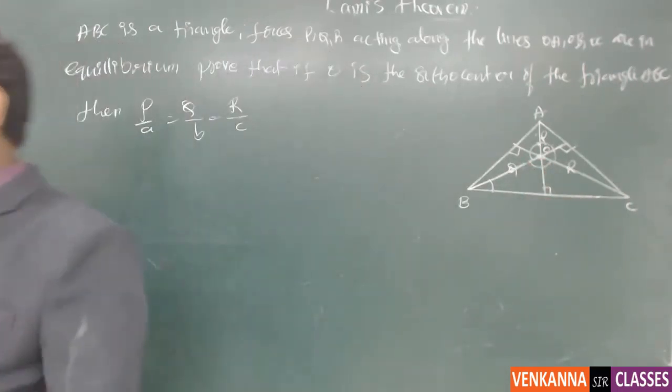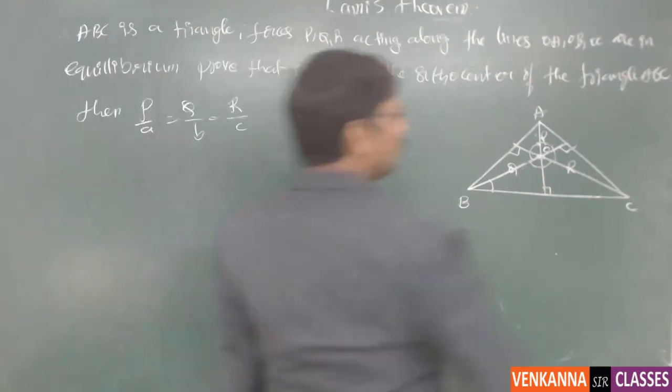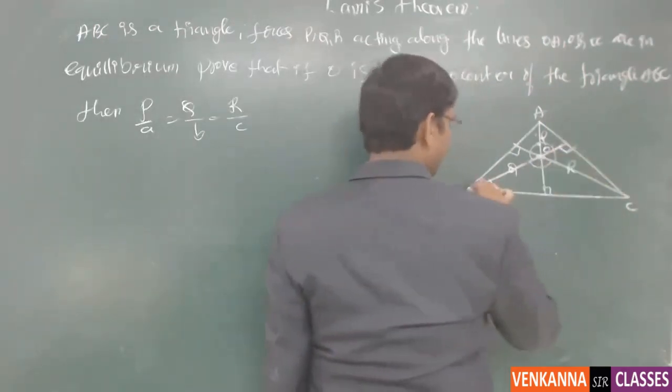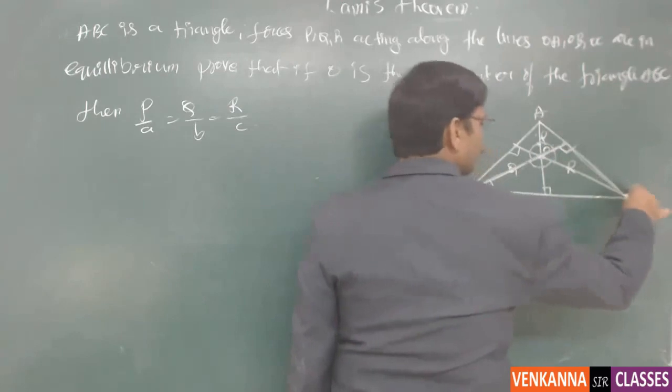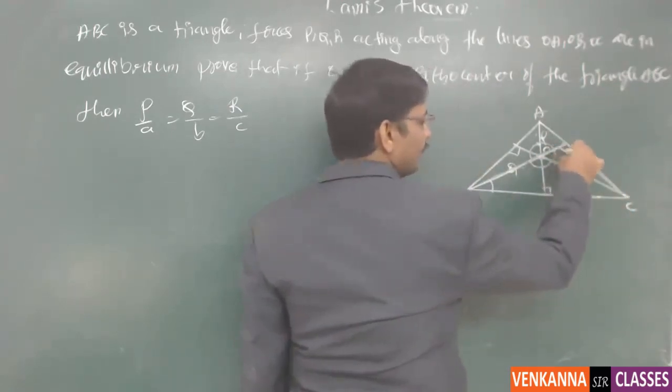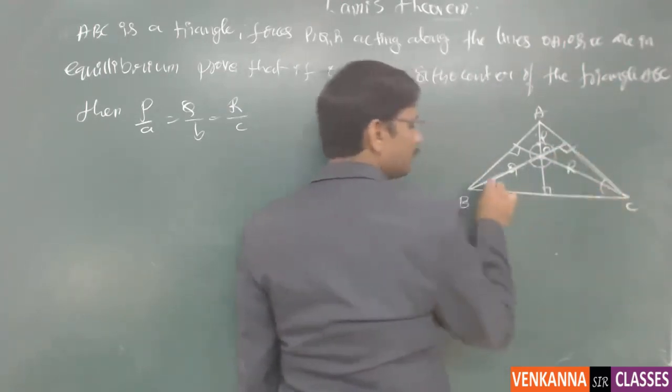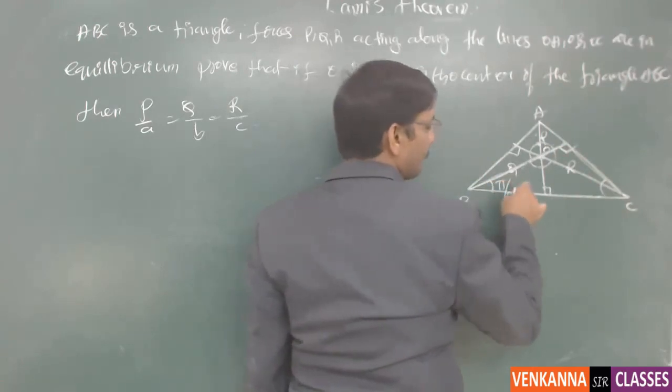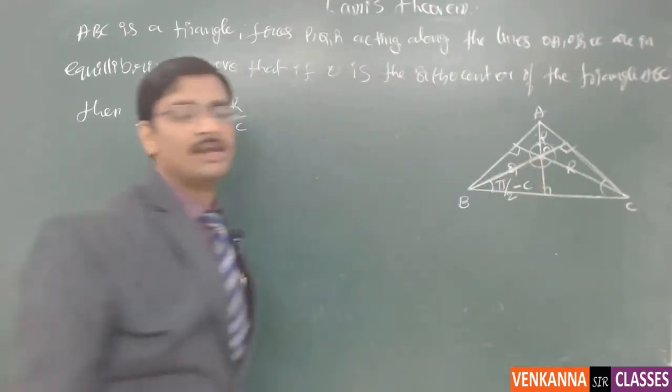So that is 90 minus C, that's correct. This is 90 degrees, and in this triangle, if this is angle C, then obviously this will be 90 minus C, right? So this is in terms of the known values.